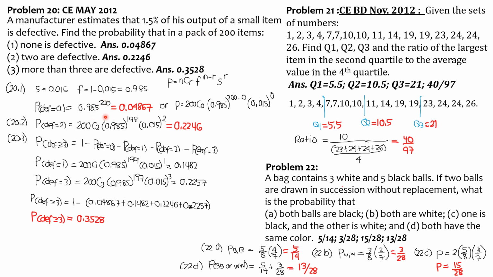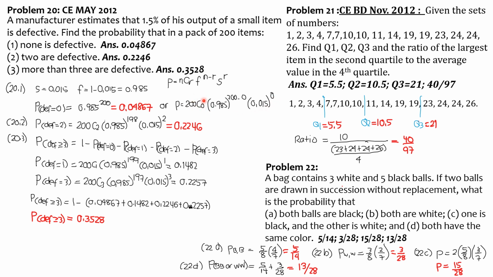0.985 times 0.985 times 0.985, and so on until the 200th, and that is 0.04867. If you use the formula, 200 combination 0 times failure 0.985 raised to 200 minus 0, so that's still 200, times 0.015 raised to 0, that's 1.